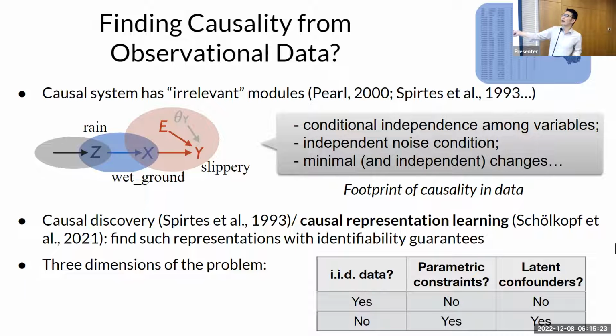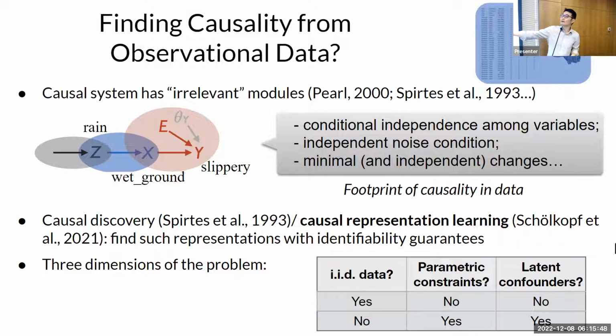By minimal changes, I mean that with the causal representation, you have changes in a minimal number of causal mechanisms. If you have a wrong one, you may have to make use of more changes in order to explain the same joint distribution. And at the same time, if they change, we know the changes must be independent because they are different modules. They are not related at all.